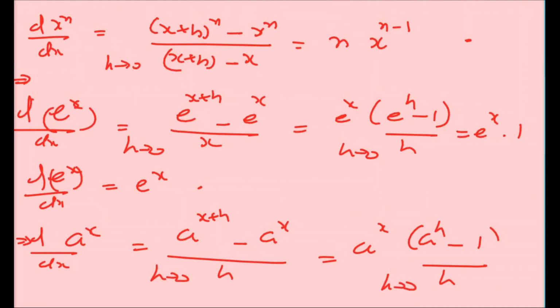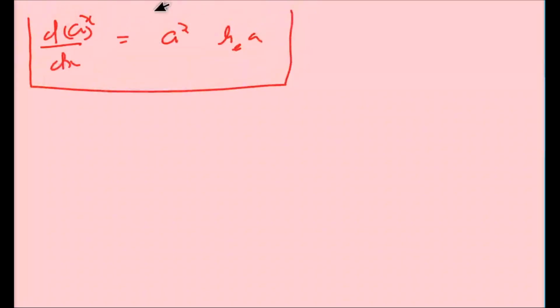We can write this equal to a to the power x into log e base a. So d by dx of a to the power x, where a is any constant. Okay, so we are doing all these formulas by using first principle.